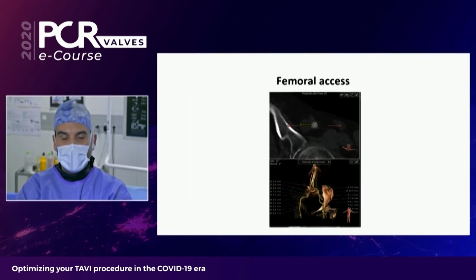The femoral and overall arterial anatomy assessment is favorable for transfemoral access, with good lumen diameters, no tortuosity, and no major calcifications that could be a contraindication.